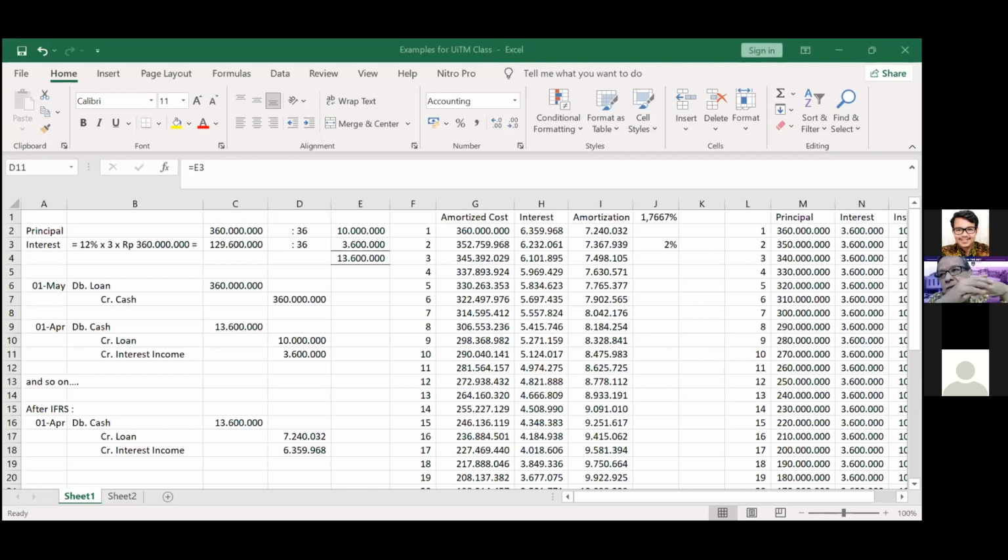What is the main problem here is that most or maybe 100% of the loan in Indonesian banking industry is actually held to maturity. There is no habit in Indonesian banking industry to sell the loan before their maturity.